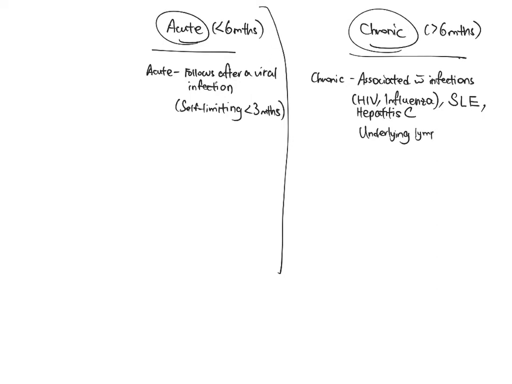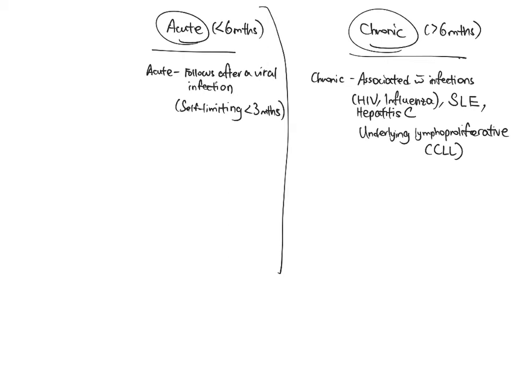That means the lymphocytes proliferate excessively, and in particular this malignancy called CLL, or chronic lymphocytic leukemia, is also associated with ITP as well.